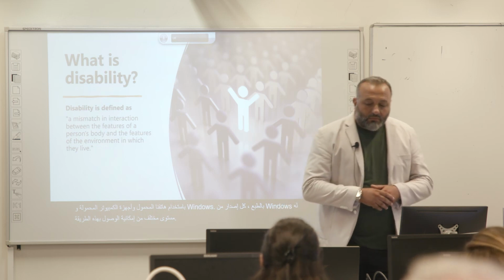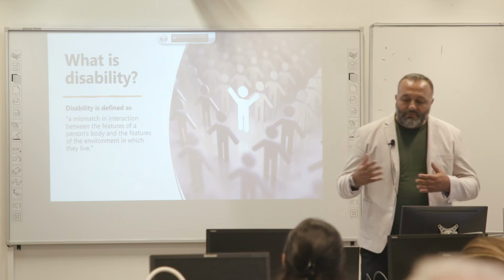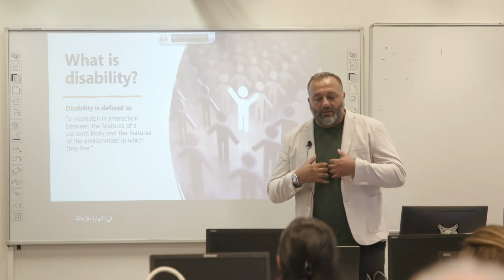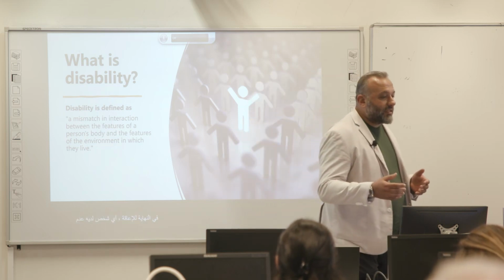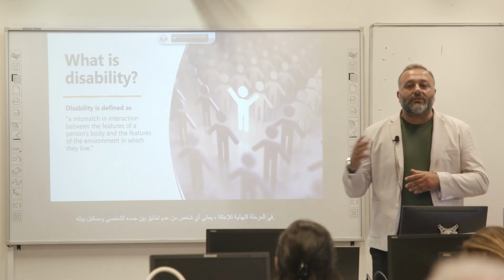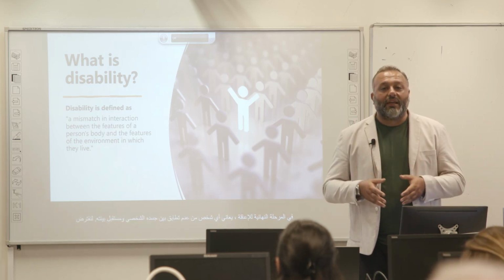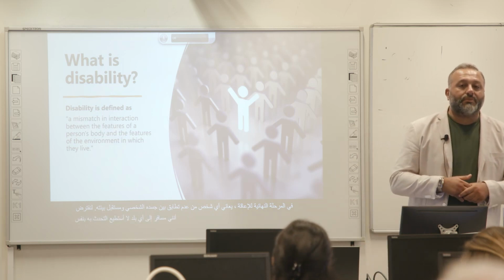So, a definition for disability: anyone who has a mismatch between their body and the features of their environment. Let's say I am traveling to a country where I cannot speak the same language, so I have a disability to communicate with these people.